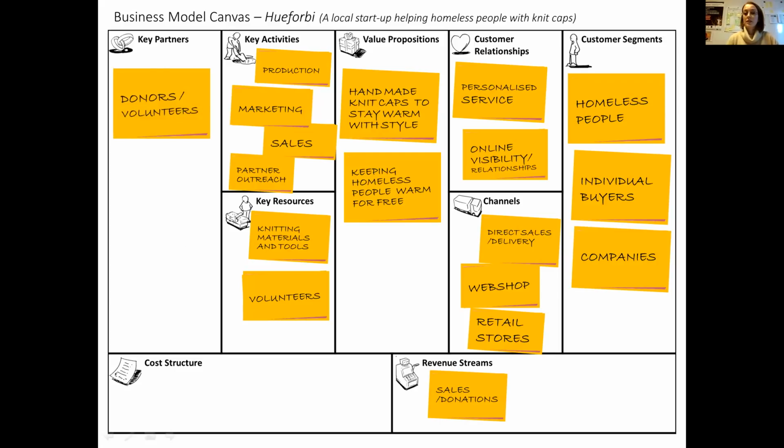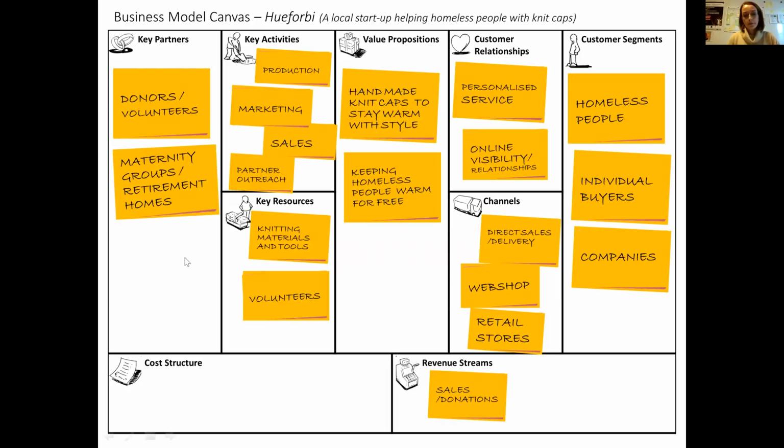Yes, we need donors, volunteers, NGOs. To help with the production, we need to work with individual donors who are actually our commercial customers and can be our volunteers as well.